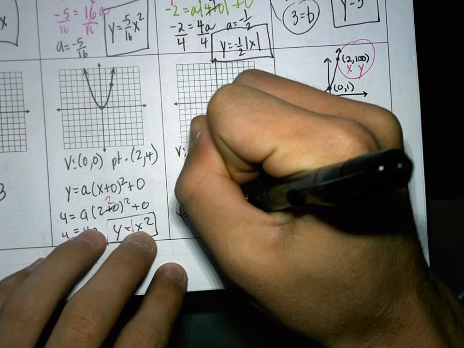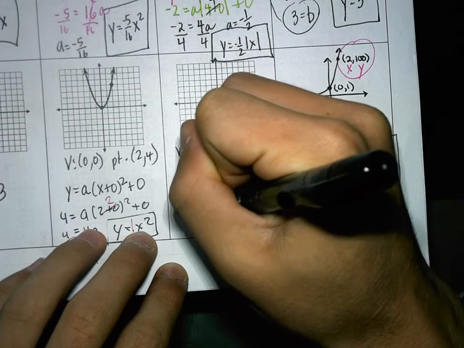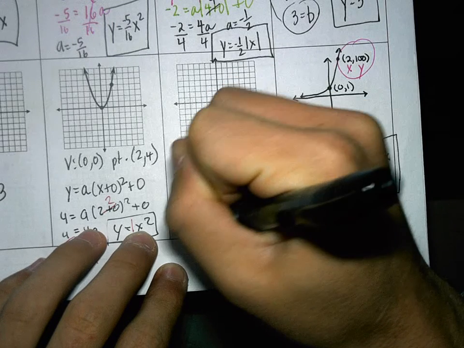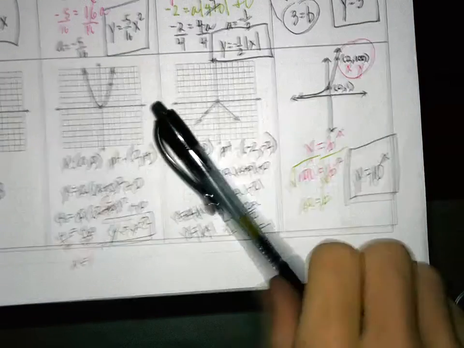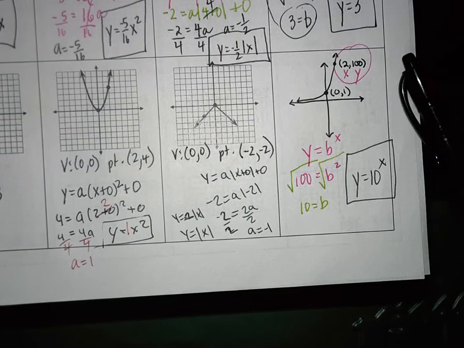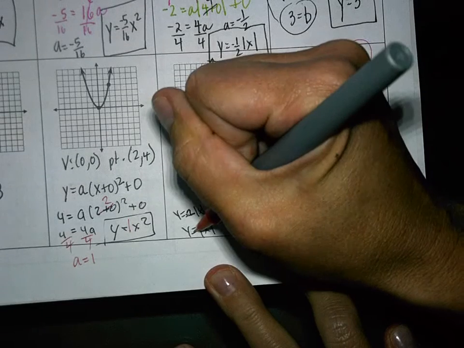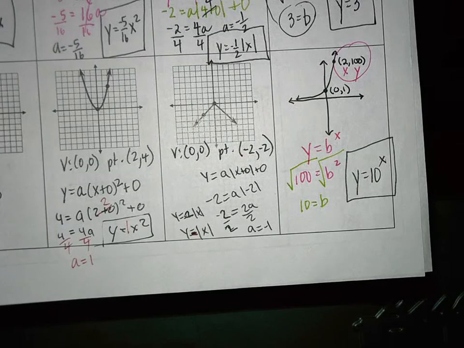Then you divide by 2 to both sides and you get a equals -1. So since a is -1, make sure that you have a negative out in front. So it's negative absolute value of x. Good job. And that's it. Do we have any questions?